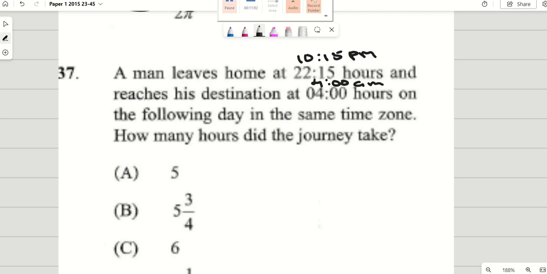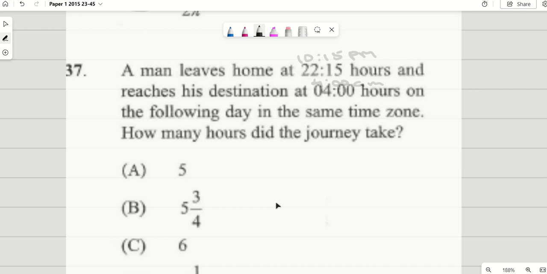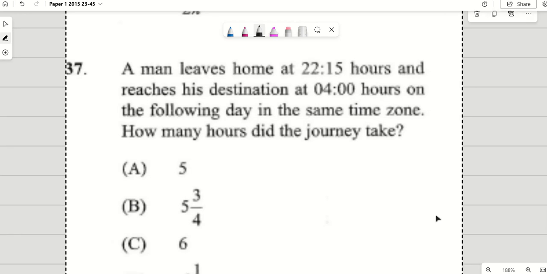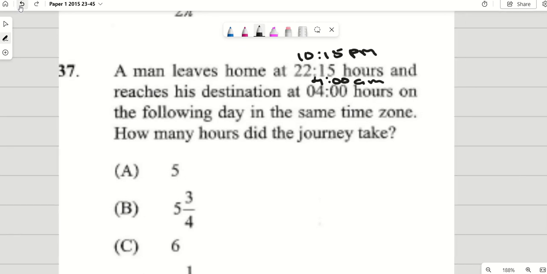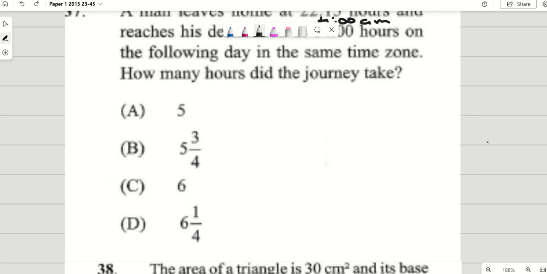So we're going to calculate how many hours from 10 to 4. First off, we know from 10 to 4 is 10 to 11, 11 to 12, 12 to 1, 1 to 2, 2 to 3, 3 to 4. That is 6 hours, and we have that 15 minutes, so it would be 6 hours and 15 minutes. 15 minutes is a quarter, so it would have been D, 6 hours and 15 minutes.